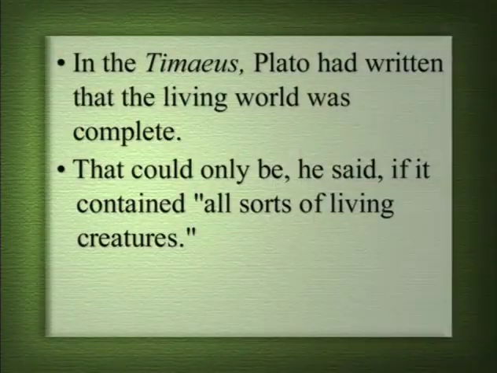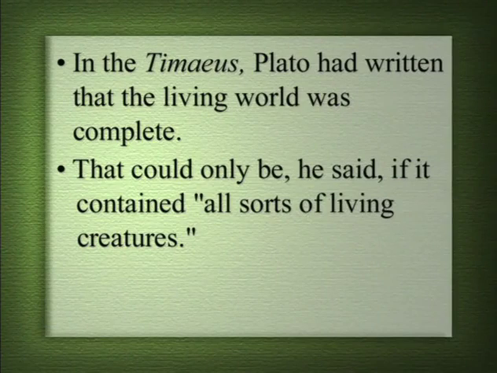Because of the way the physical world and everything in it had originated from the mind of God, there was nothing missing. This was especially the case with the world of living things. In a book called the Timaeus, Plato had written that the living world was complete. And that could only be, he said, if it contained all sorts of living creatures.